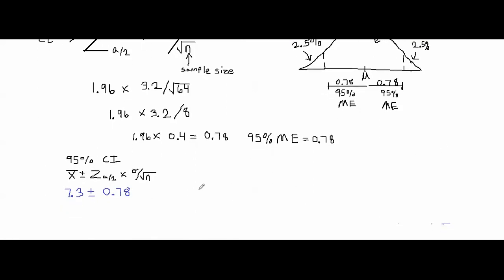So basically a 95% confidence interval is what you get when you take the sample mean and add and subtract the 95% margin of error. So we have to add and subtract separately. We'll add first, and then we'll subtract second.